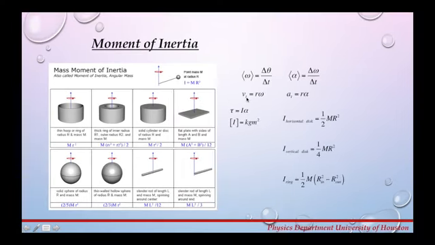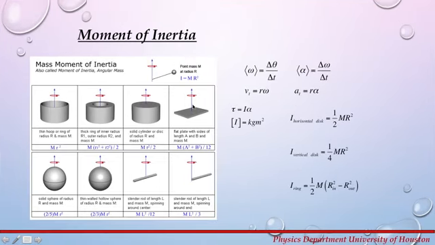The connections between linear and rotational quantities are given by this equation. Tangential velocity is r times omega, and tangential acceleration is r times alpha, where r is the radius of trajectory, or in this case it's going to be a lever arm or the length of the object.